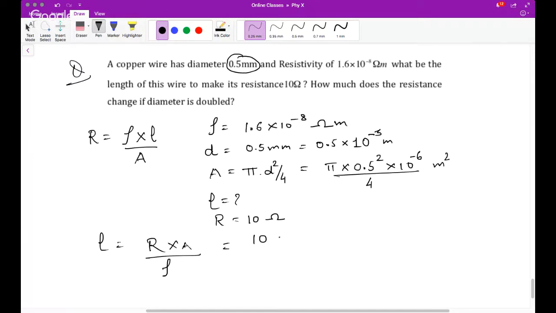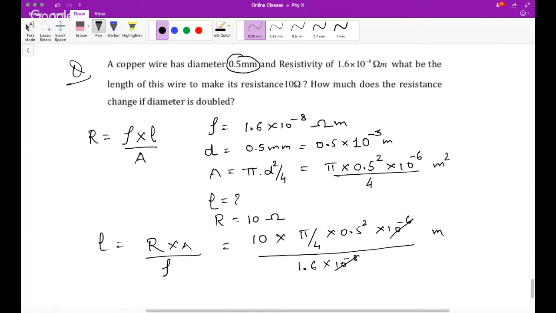Then A is pi by 4 into 0.5 square into 10 to the power minus 6. This is A divided by resistivity 1.6 into 10 to the power minus 8, and this should be in meters. 781.25 meters. That much. Let me see.